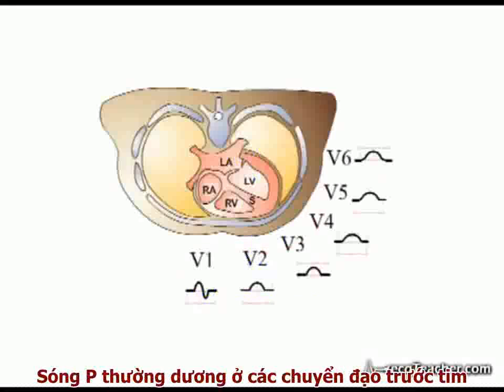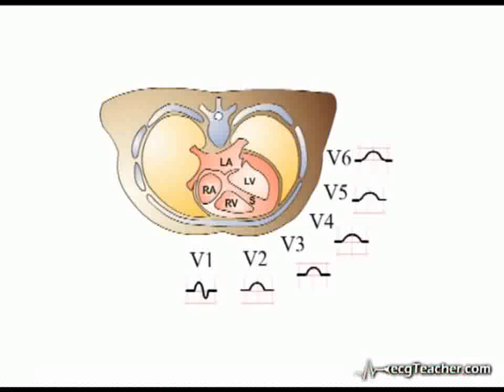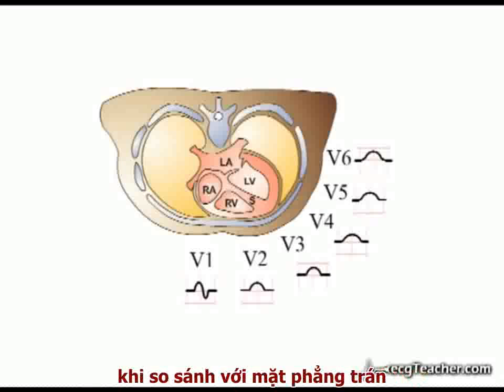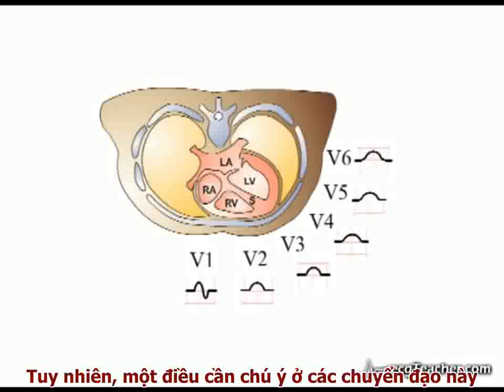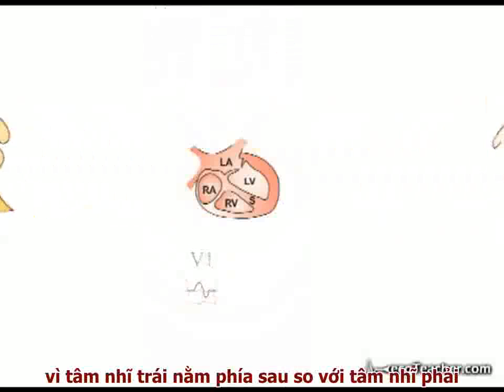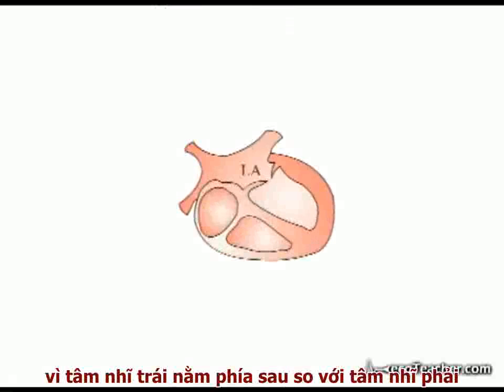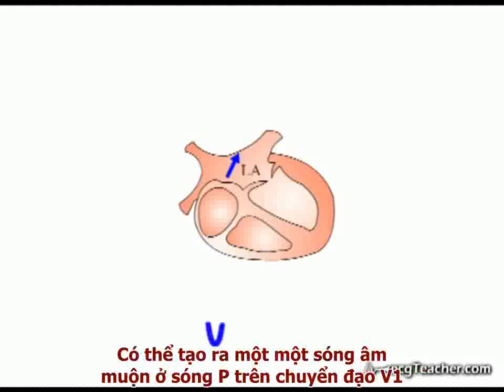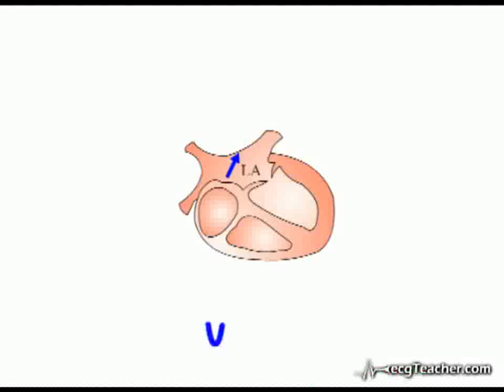P waves are generally positive in the chest leads, but tend to be of low amplitude, as the spread of atrial depolarization is less prominent in the horizontal plane compared to that in the frontal plane. However, one point of note in these leads: as the left atrium lies somewhat posterior to the right chamber, left atrial depolarization moving posteriorly and to the left may produce a small negative terminal deflection in the P wave recorded in lead V1.